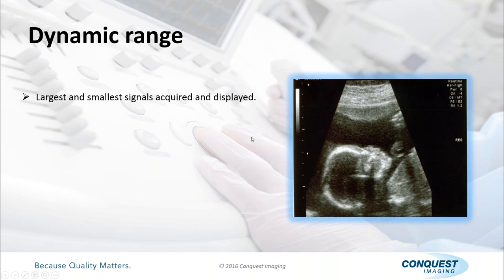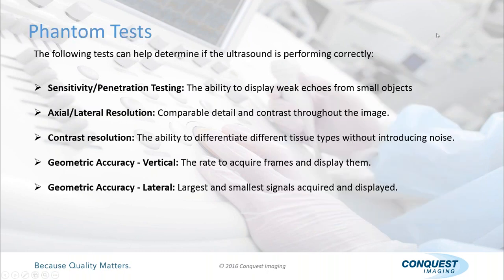So we just talked and kind of defined some of the things that are happening with phantom testing, things we're looking for. So when we do this, you have to realize what kind of accreditation your facility may be dealing with. Some facilities, they say they have no accreditation, and that's possible.